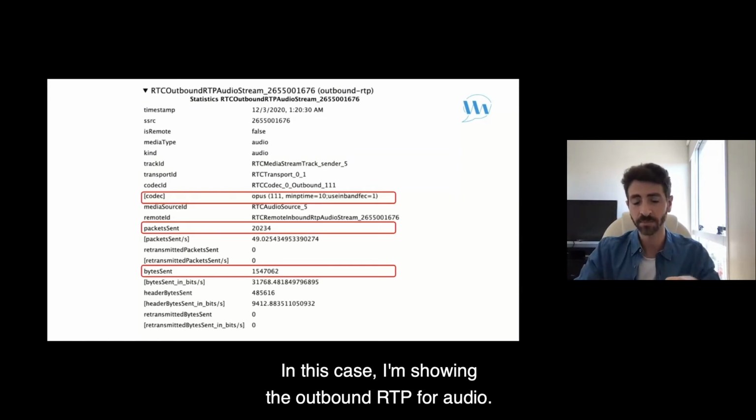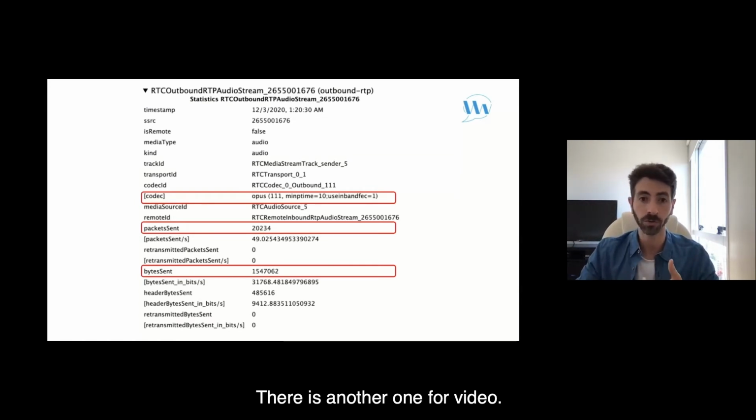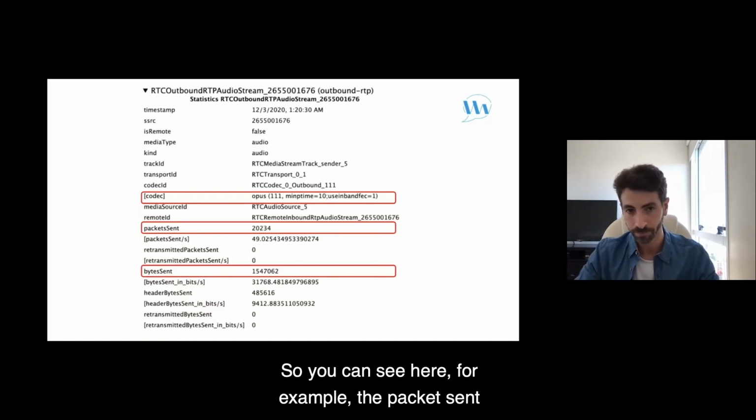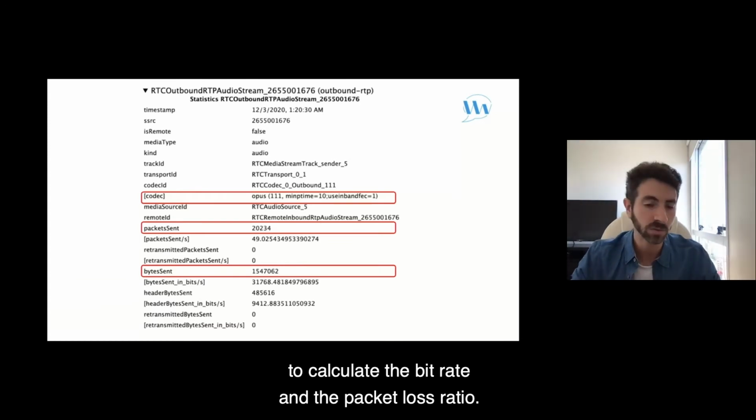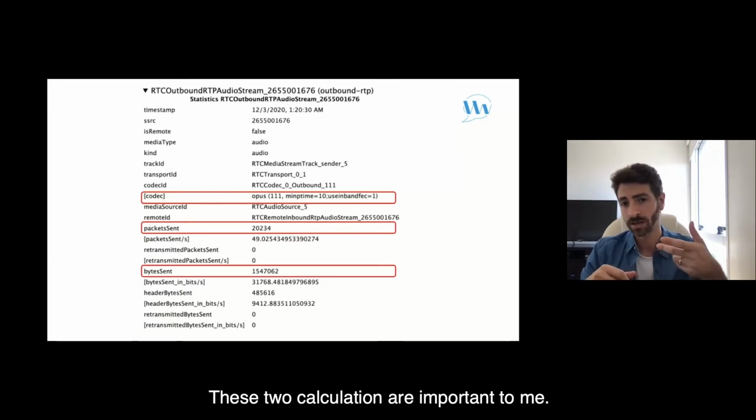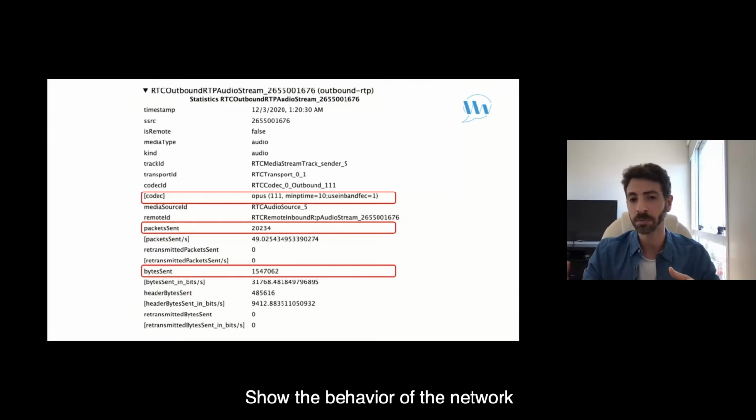In this case, I'm showing the outbound RTP for audio. There is another one for video. So you can see here, for example, the packets sent and the bytes sent that are important to calculate the bit rate and the packet loss ratio. These two calculations are important to measure the behavior of the network.